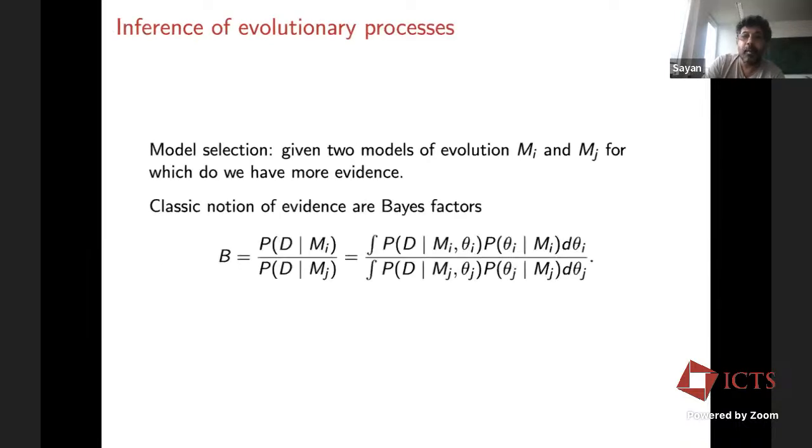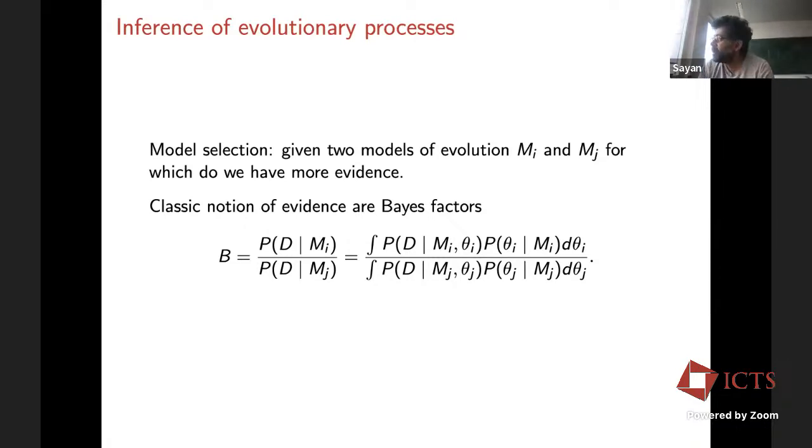Now, what we can do is choose different models: Ornstein-Uhlenbeck, Brownian motion, meaning there's no selection, and a third called a burst process.